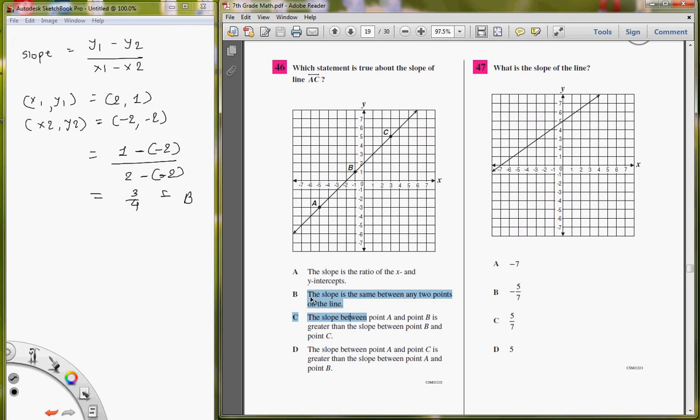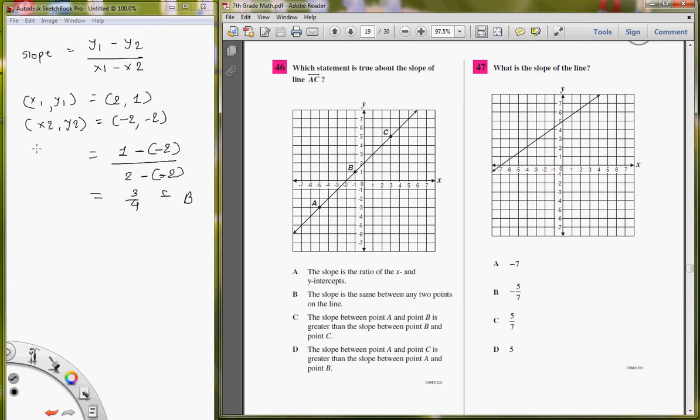That is correct, because as I mentioned, you pick any point, and if you use the formula y1 minus y2 divided by x1 minus x2, it will give you the same slope. The other two are wrong: the slope between A and B is greater than, that is wrong, and the other is wrong as well. Slope will always be constant, as I said earlier.